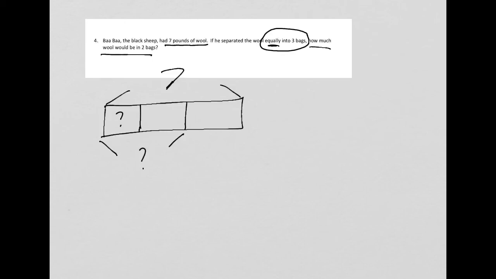Once I know what's in 1 bag, I can figure out what's in 2 bags. And to think about what's in 1 bag, this kind of tape diagram is telling me to do division. I know the total, and I know how many groups I'm splitting that total into. So I know that 3 units together equals 7. So 1 unit is going to be 7 divided by 3.